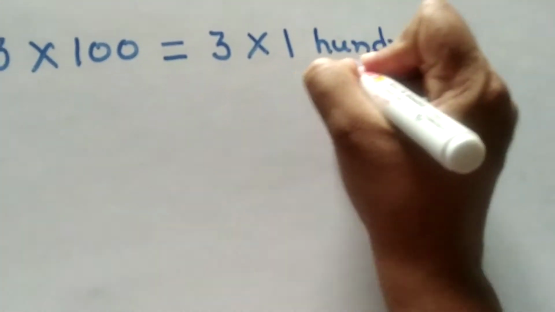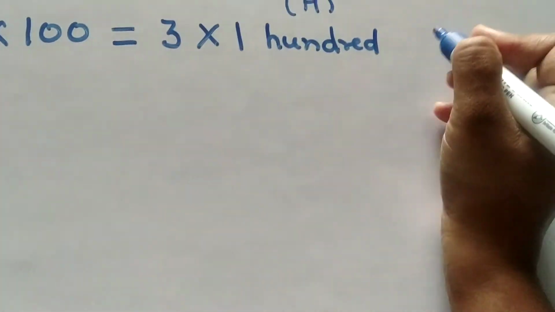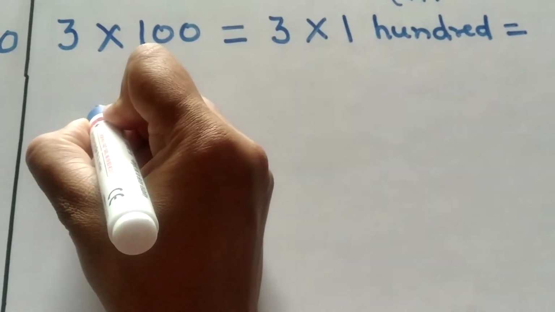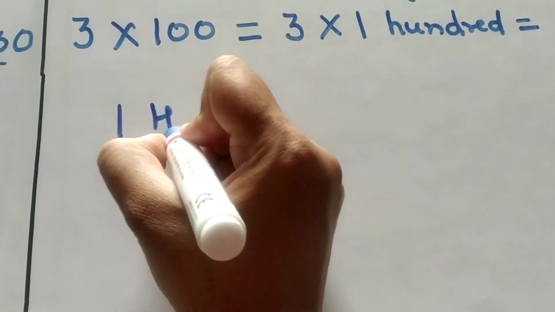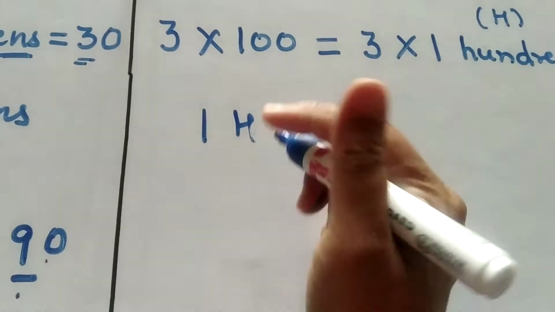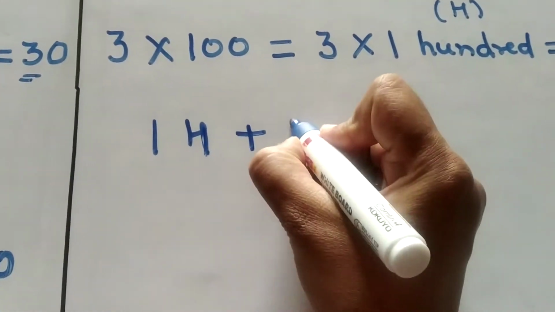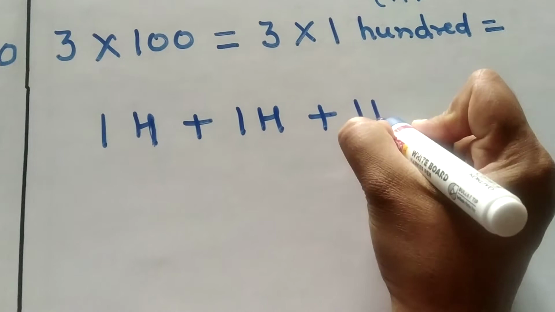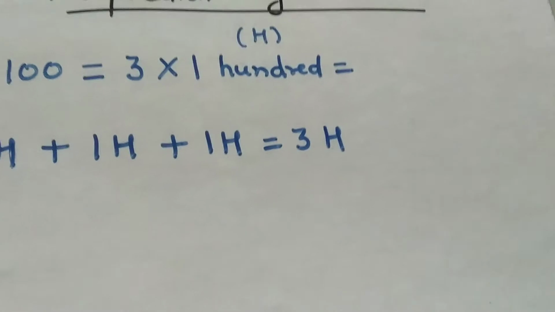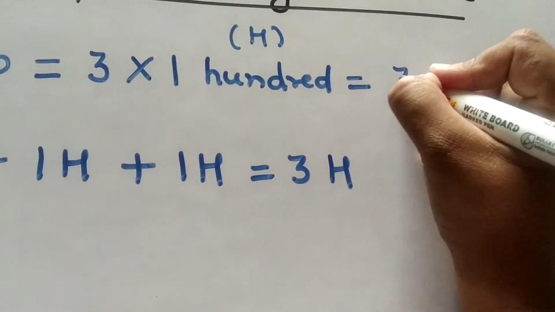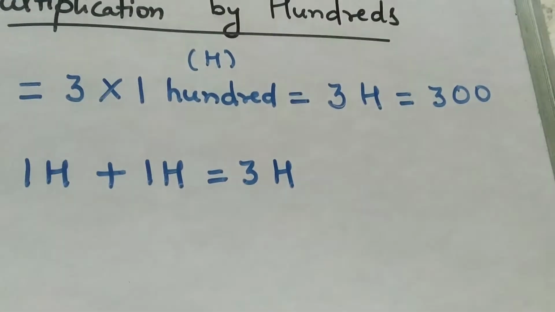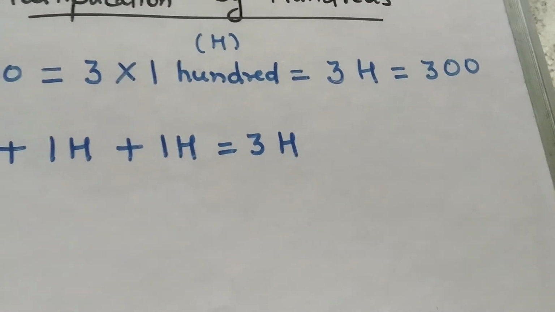Every time, instead of writing 100, I can write H. So 3 into 100 is 3 times 100. 100 is represented by H. So 100 plus 100 plus 100, 3 times 100, gives me the answer 300. So here the answer becomes 300. Got it? Simple.